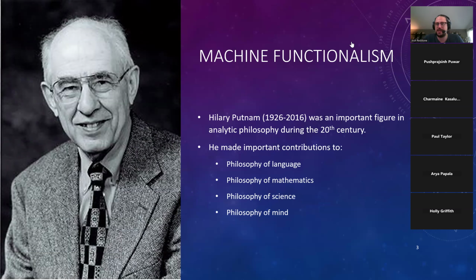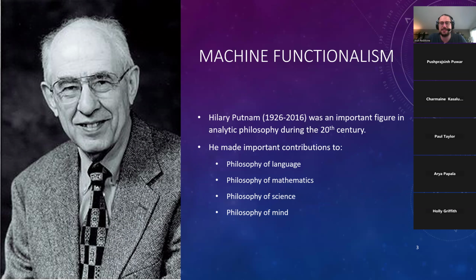Yes, so let's get into it. We're going to talk about machine functionalism, which is due to this fellow, Hilary Putnam, who was an important figure in analytic philosophy, especially in the philosophy of mind, philosophy of language, but also philosophy of mathematics.